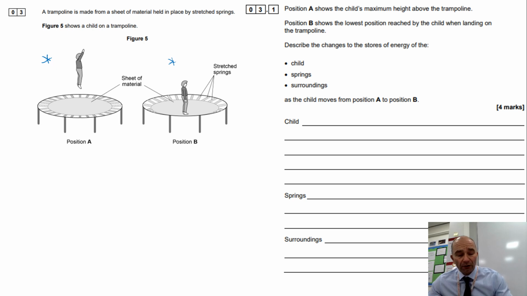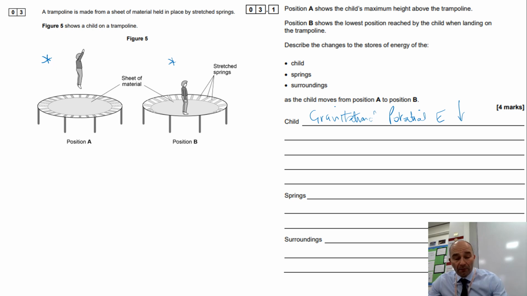Now what happens to the child? Well, they start off high up and they end up low down. So straight away you should be thinking about the gravitational potential energy. I'm just going to abbreviate that E for energy. So of course that is decreasing as we drop down.